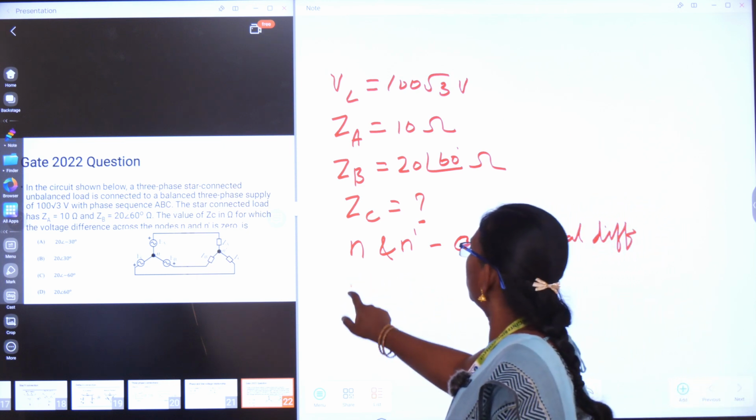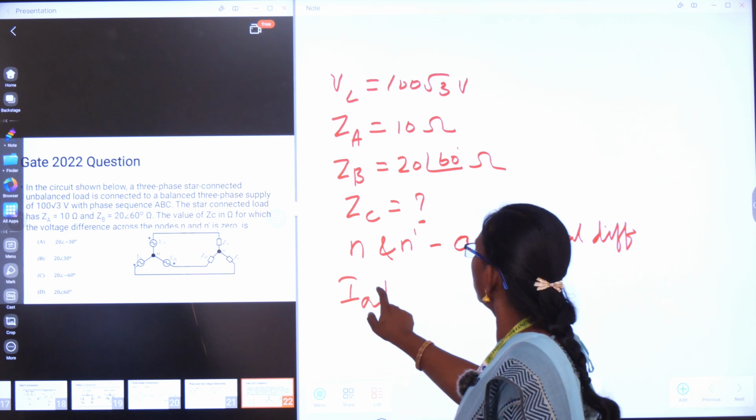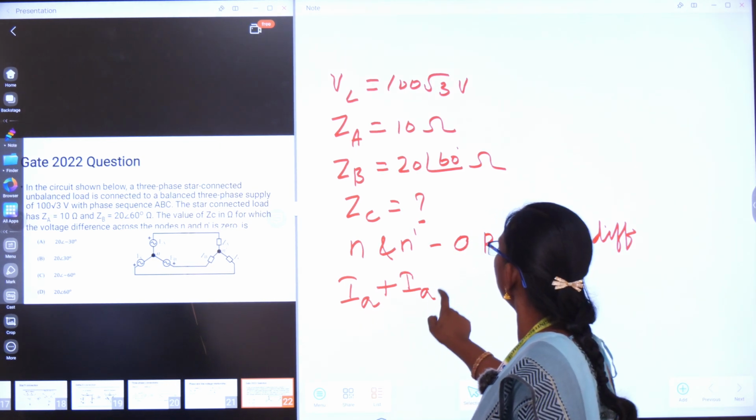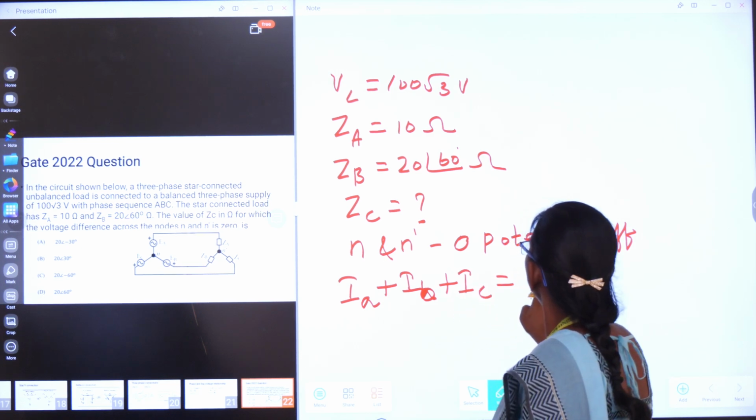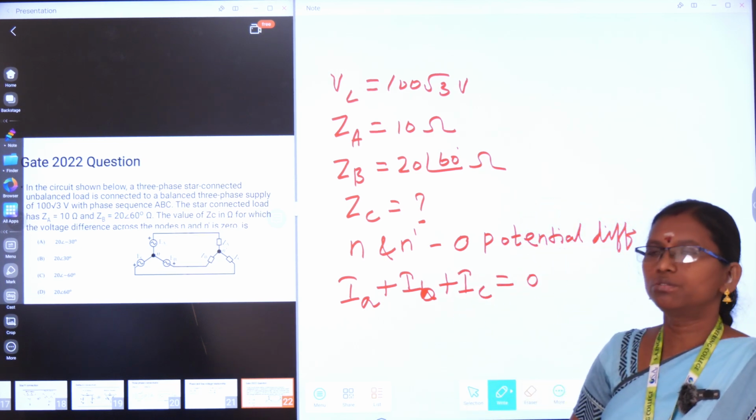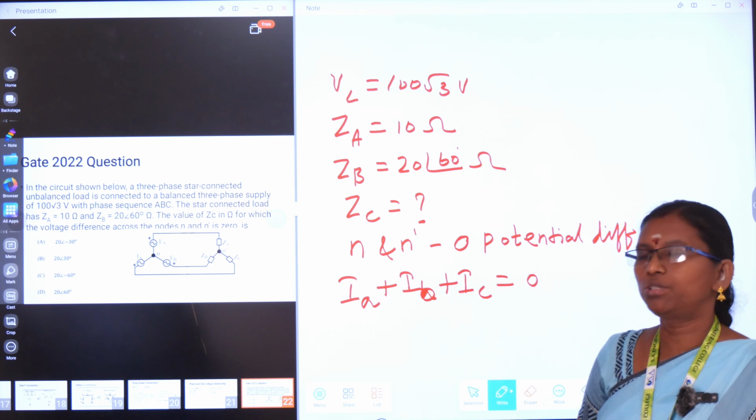Considering that, we can say the currents through the 3 phases, IA, IB and IC, together sum up to 0. That is the meaning we need to take out of that.